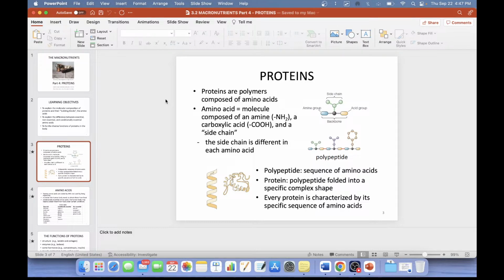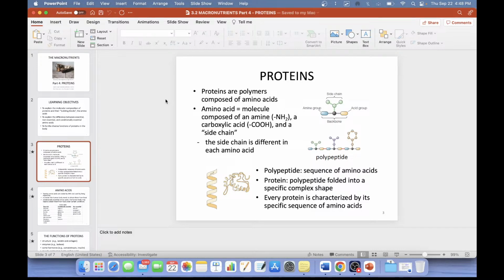Then the polypeptides, after they are formed, fold spontaneously into very complicated shapes. And they twist and bend and twirl and curl up, forming the protein. So each protein is characterized by two things: its specific sequence of amino acids, that is its polypeptide, plus its distinctive shape.